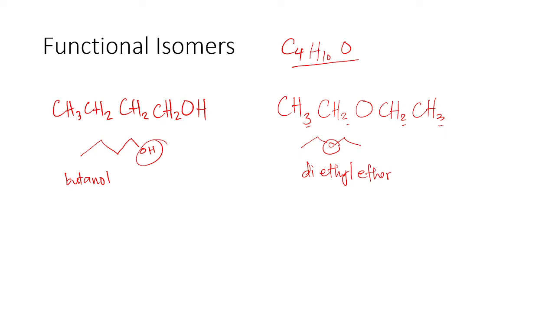Our next will be our positional isomers. Positional isomers differ in the position of the functional group. They have the same functional group, but they differ in the position. For example, we have again our C4H10O.